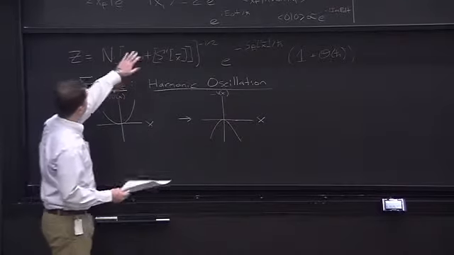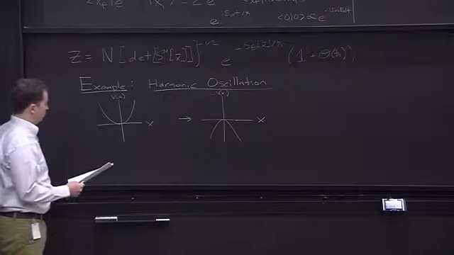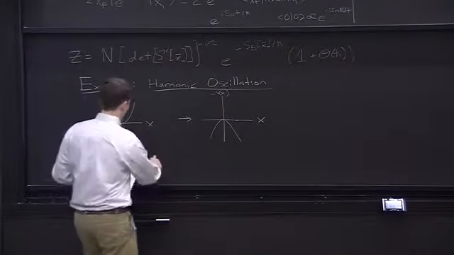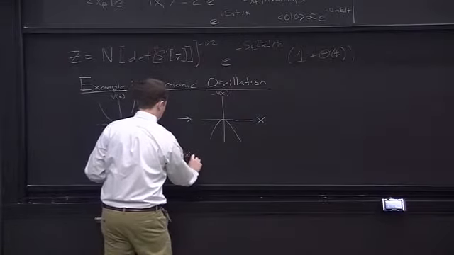We can choose any initial and final position we like, and so the easiest choice is xi equals 0 equals xf.